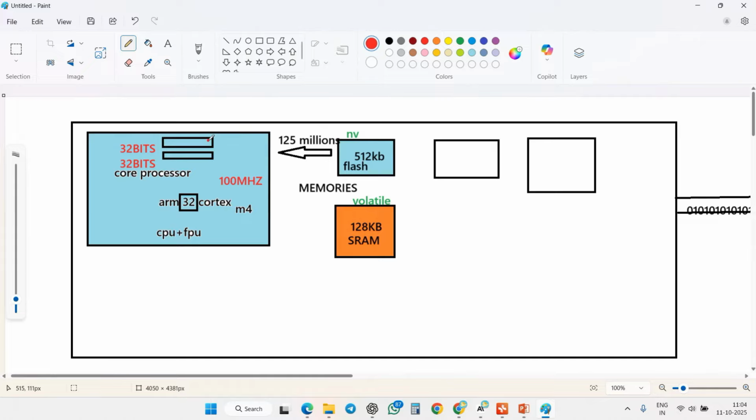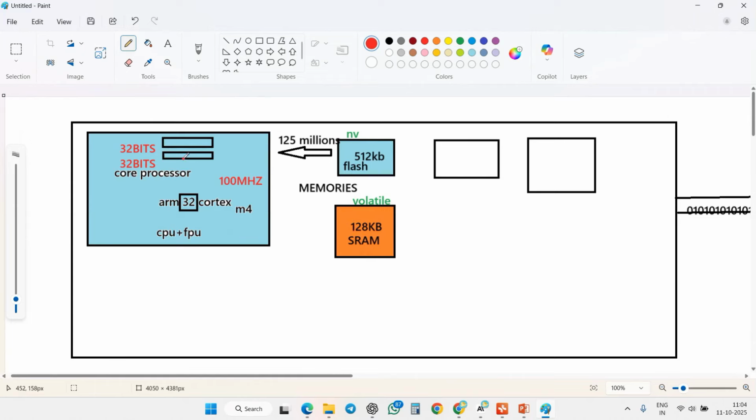If you are using a UART, or processing ADC, or anything, it has some registers. That data is temporarily stored in the SRAM memory. Only for temporary usage, this volatile SRAM memory is used here.